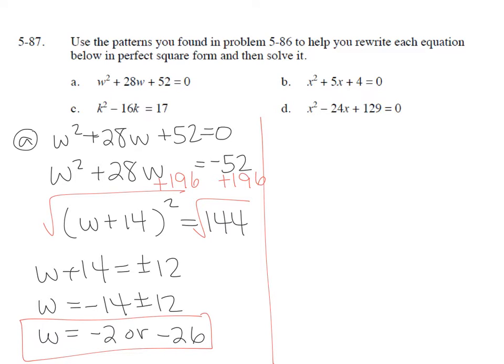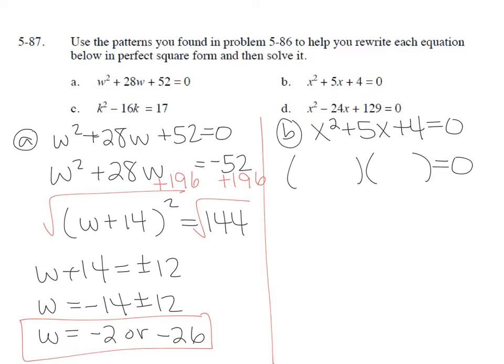Part B, x squared plus 5x plus 4 equals 0. On this one, you can do the perfect square, and it works. And I'd be happy to show you that sometime. But on this one, I know that factors. I've been factoring for a while, so I can just see that this one is going to factor.